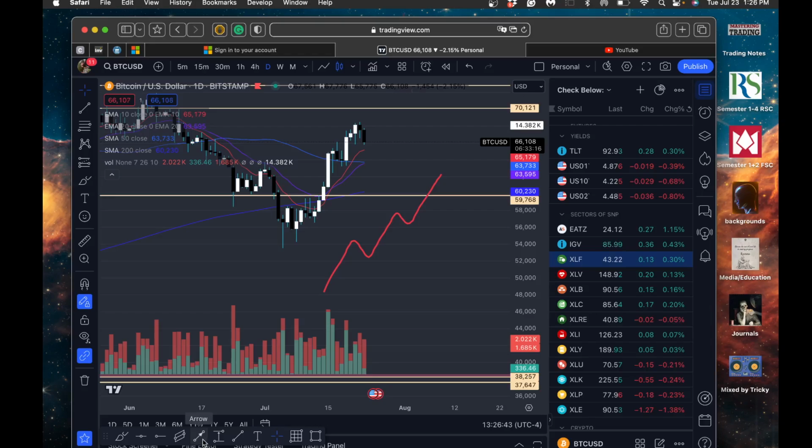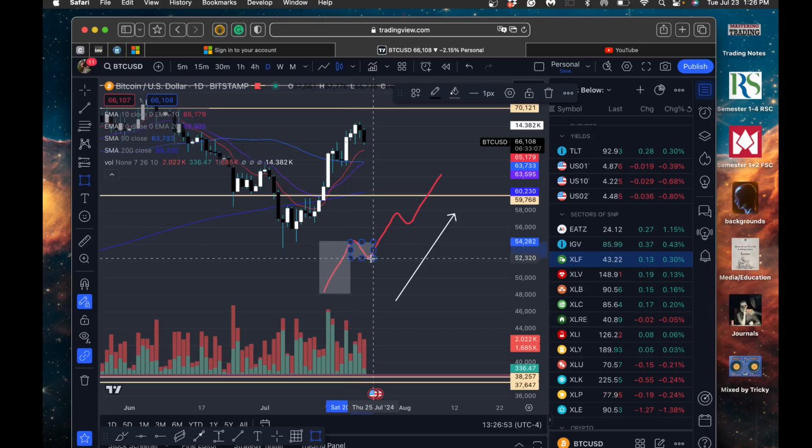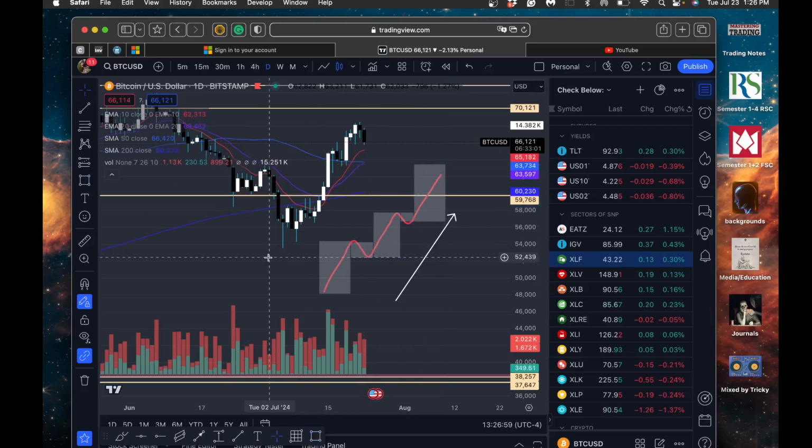We're going upwards. What are some key things we're going to be needing to look at? Specifically when we're looking at these areas right here, the pullbacks, the extensions, the pullbacks, the extensions, what should we be looking for?